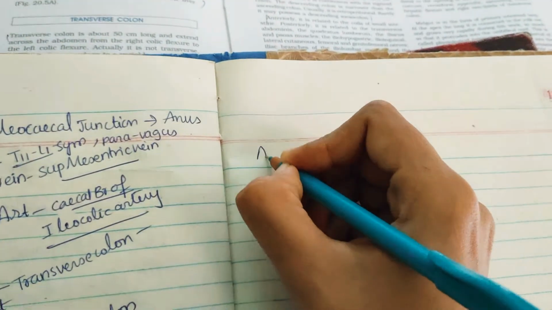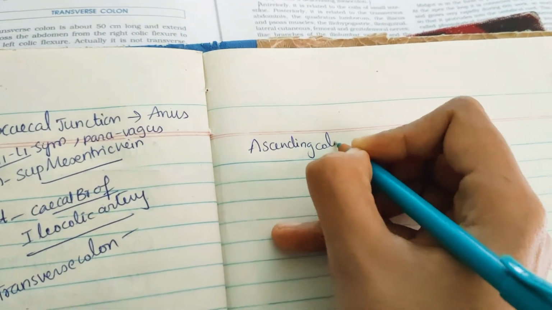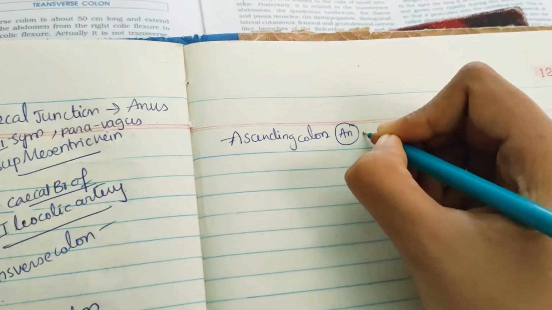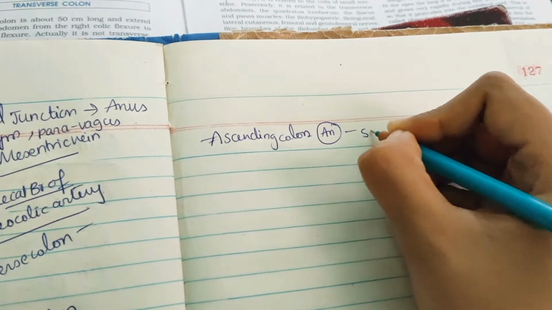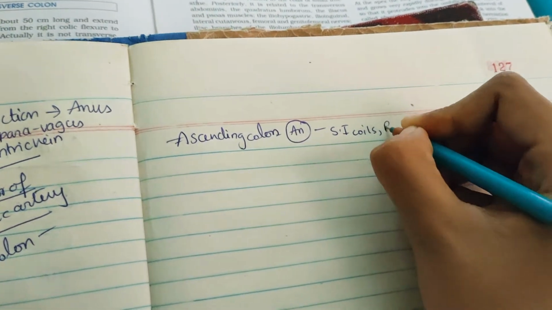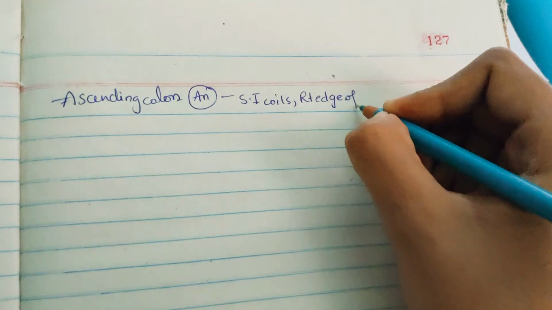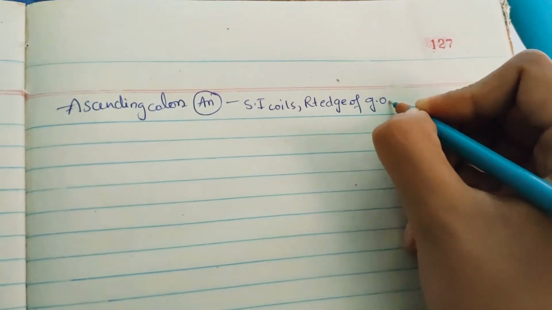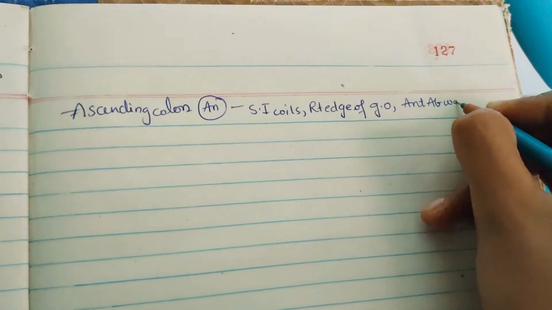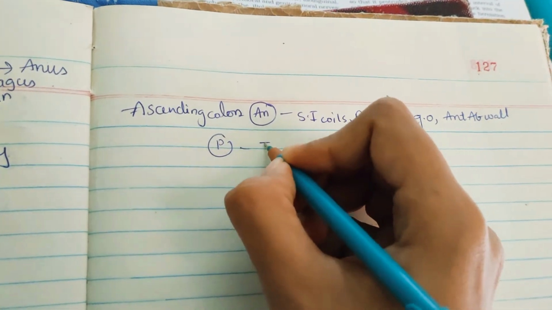So ascending colon, anterior relations, you have small intestine coils, you have right edge of greater omentum, you have anterior abdominal wall. Okay, coming to posteriorly, you'll have iliacus muscle.